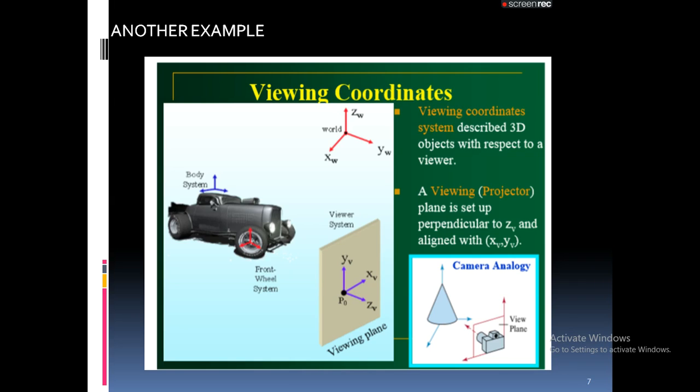Next we determined the upward direction of the camera, which is called Y view. If you take the cross product of Z view and Y view, you will get the direction of the X axis.